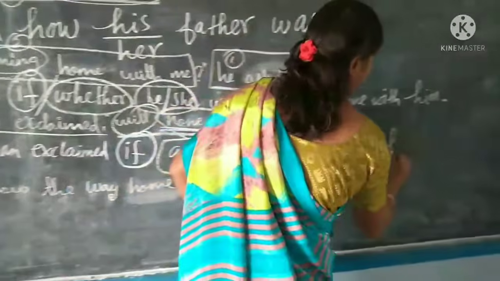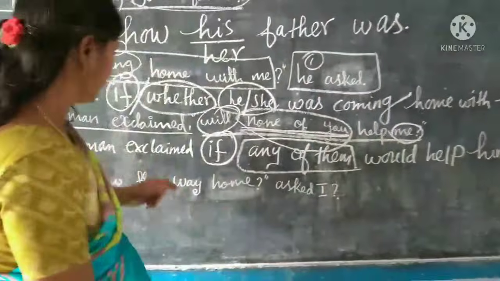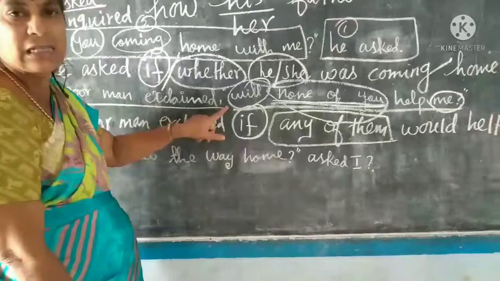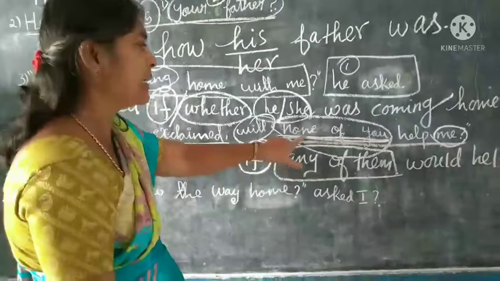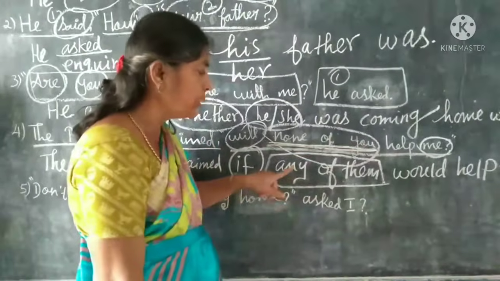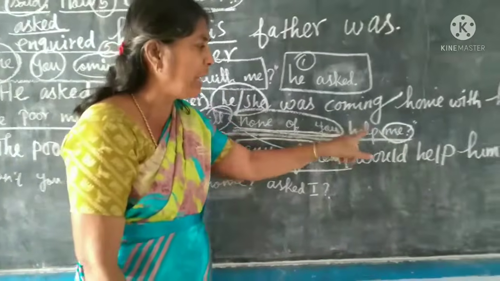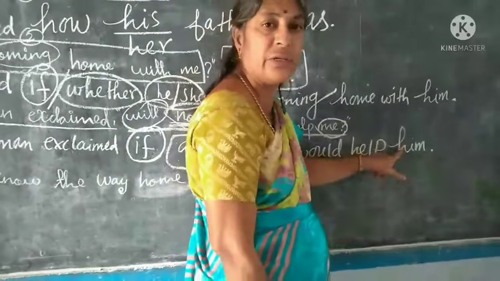You cannot write her because it is a male. So you can write here: the poor man exclaimed. As it is a verbal question, you are adding the conjunction if. Next, none of you changes into any of them, will changes into would. Help, the same. Me refers to the poor man, changed into him.